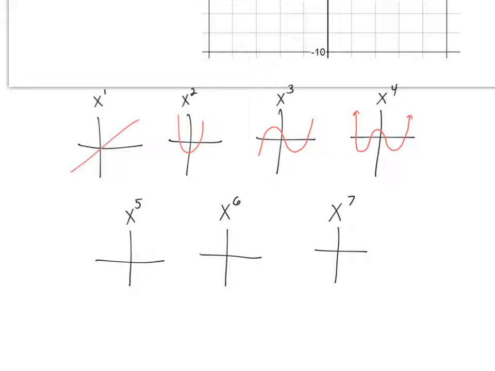The 5th one is going to start down, have 4 bumps, and end up. The 6th is going to have 5 bumps and start up. X to the 7th is going to start down.